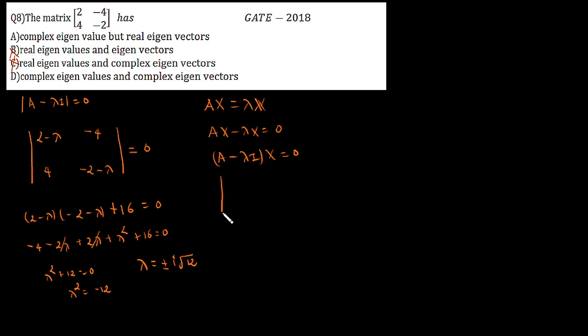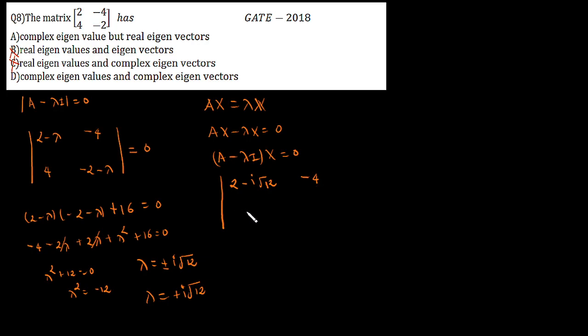So first of all, let's choose lambda equal to plus under root of 12 multiplied with i. If I am taking this lambda, then from this 2 I have to subtract this value. So I can write 2 minus i times under root of 12. This minus 4 will remain as it is.